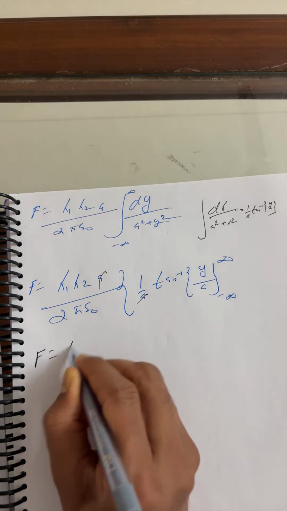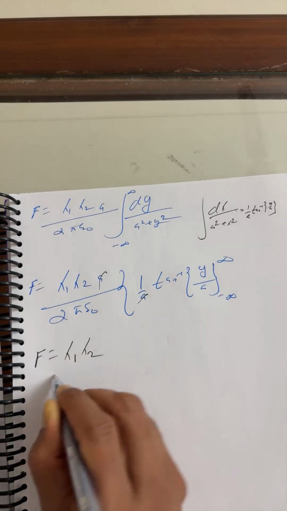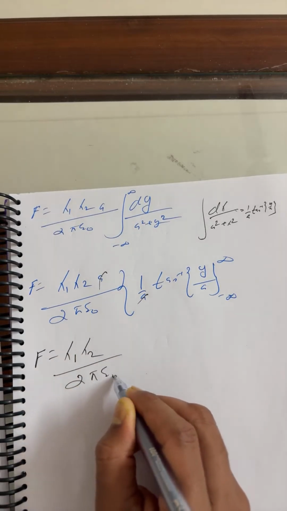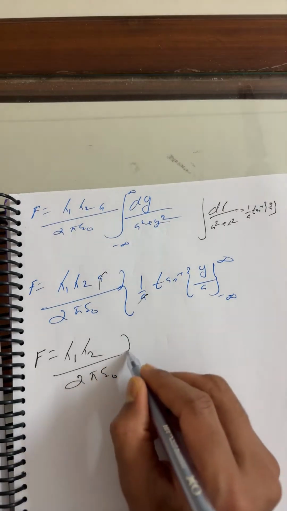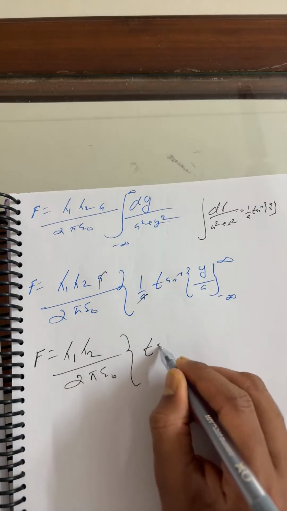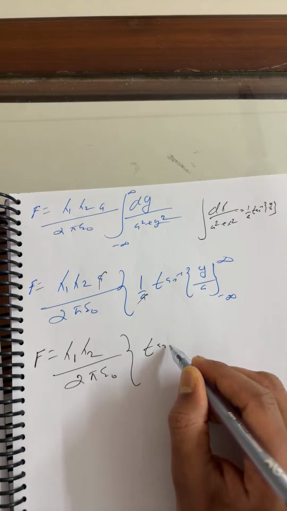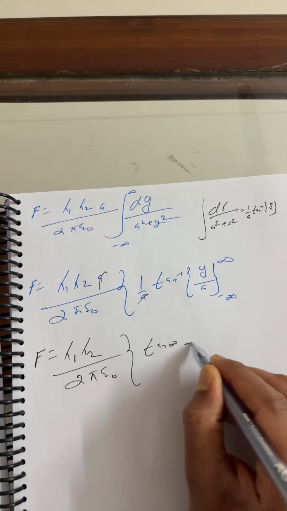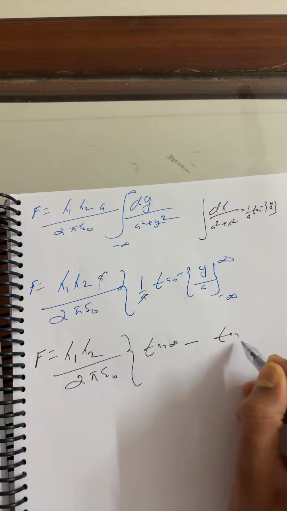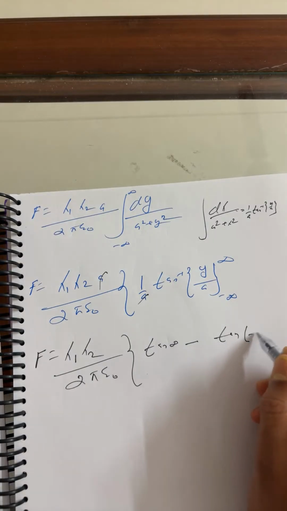Force you can write: lambda 1 lambda 2 upon 2 pi epsilon naught. Upper limit, tan infinity, minus the lower limit, minus infinity.